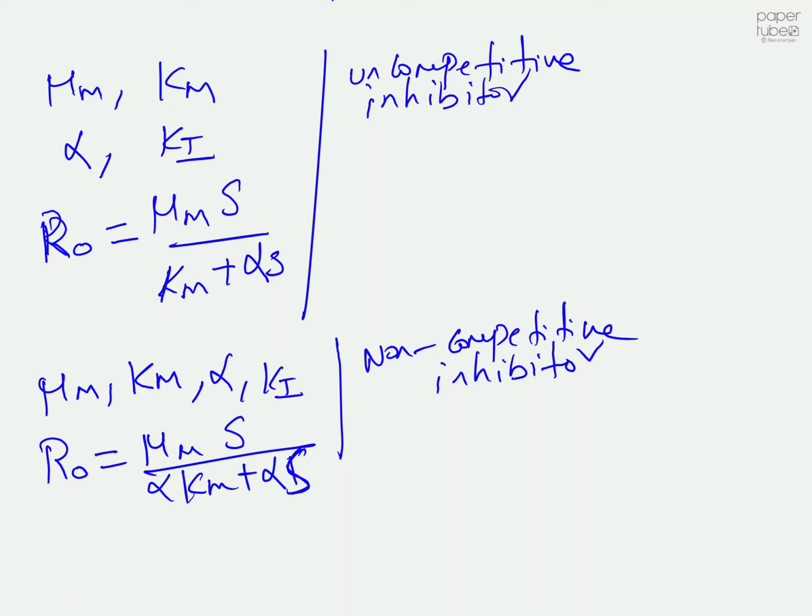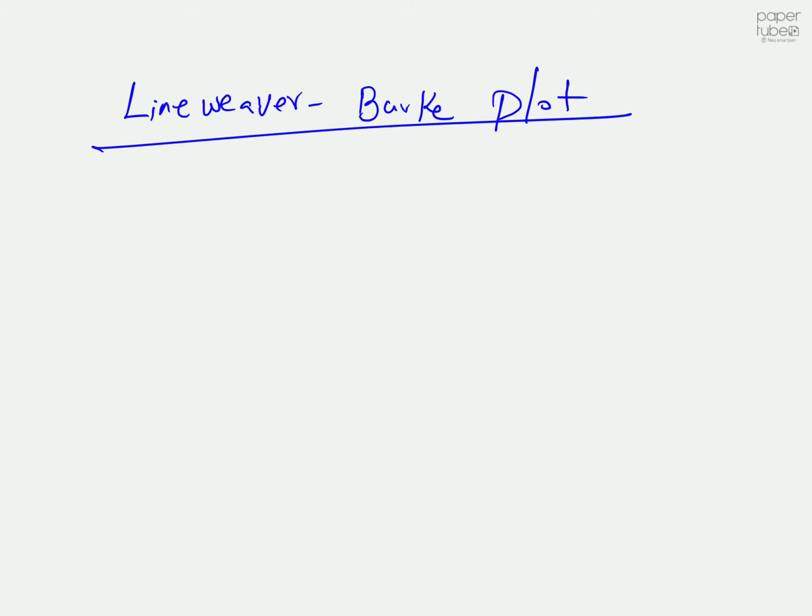So these are the rate expressions. So how to get that? For that we need to use the Lineweaver-Burk plot. So that's something, it's not a big deal, it's really easy.